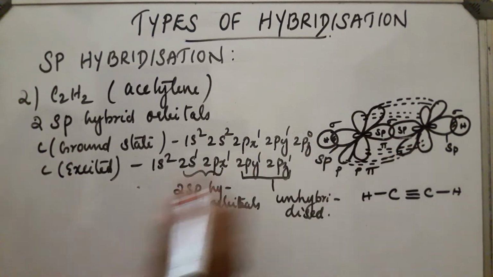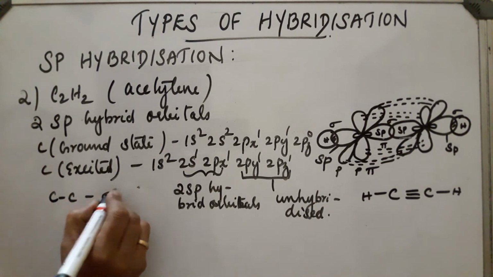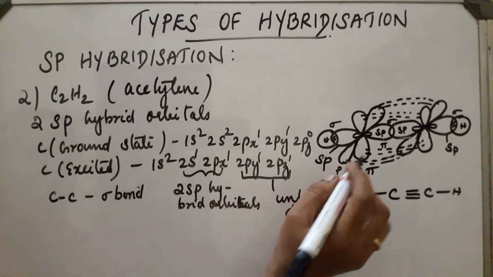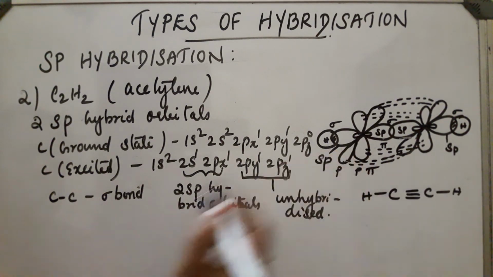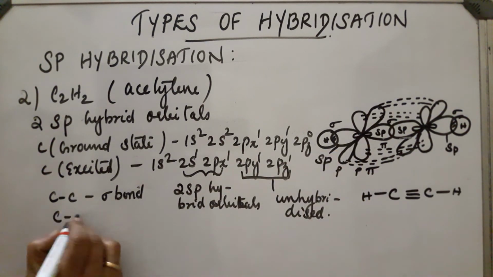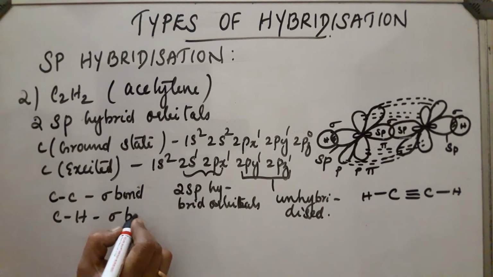One from each carbon atom overlap axially and form a C-C sigma bond. The other sp orbital of each carbon atom overlaps with the 1s orbital of a hydrogen atom and forms a C-H sigma bond.